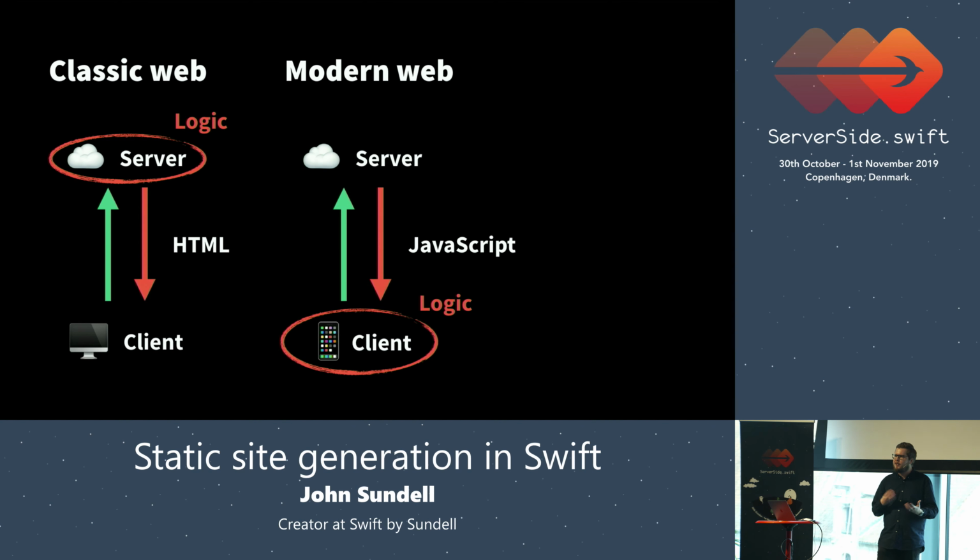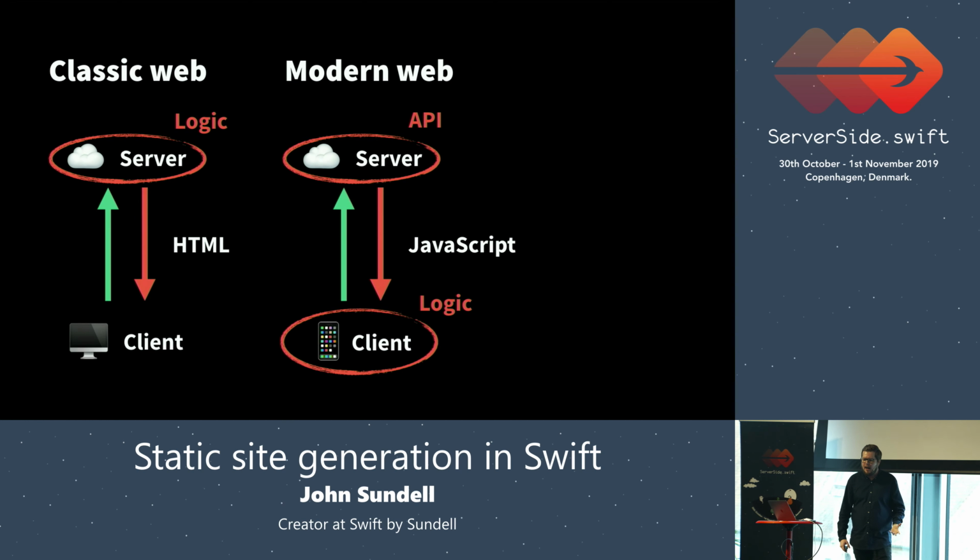It's very similar to native app development, for example iOS or Android or the Mac, where your server is not really generating HTML. It's more acting as an API, as a data store, where the logic is in the client, getting JSON back, and then constructing the HTML client side, for example using frameworks like React or Vue.js.